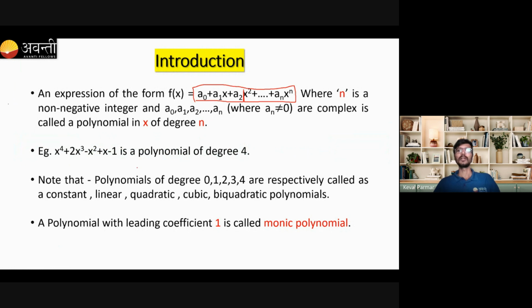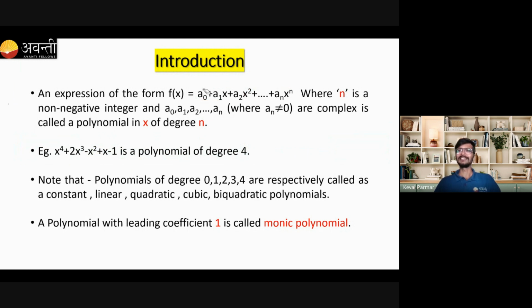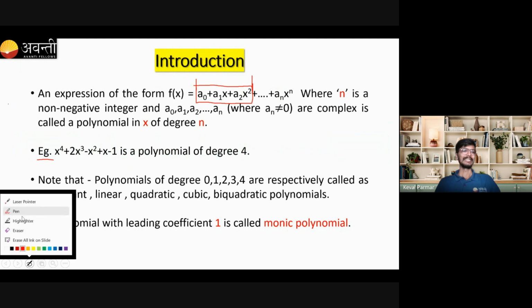When the degree is 2, that means only this much, then the equation is a quadratic equation. You can see the example here, correct? So this is meant by a quadratic equation.